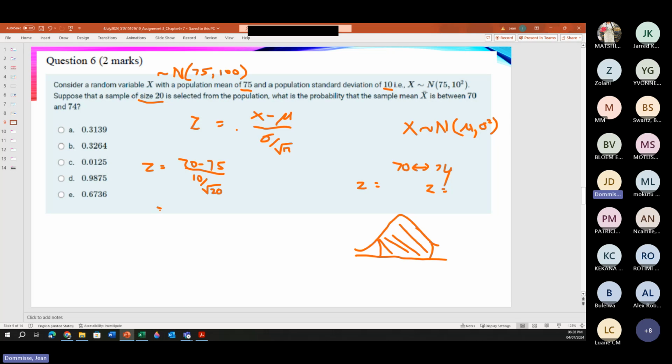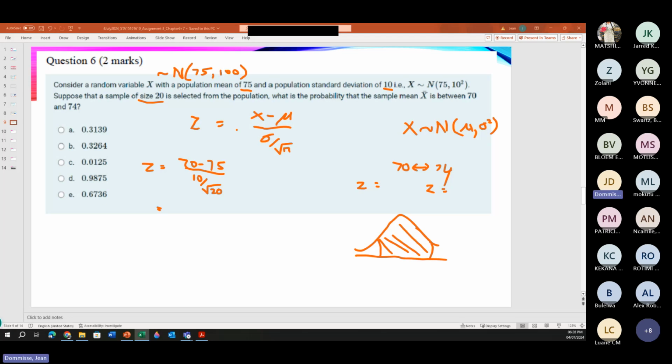Okay, so if we work that out, we get 70 minus 75, divided by 10 divided by square root of 20.